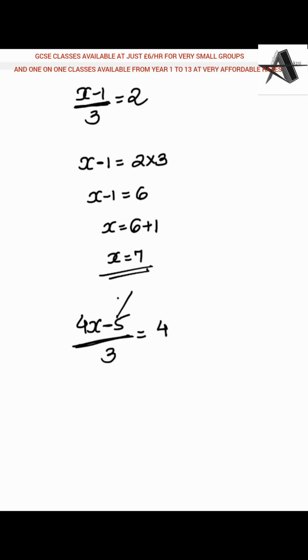You can't separate out negative 5 from this. So first and the most important thing is multiplying 3 to both the sides, or cross multiplication. So 4x minus 5 equals 4 into 3. 4x minus 5 equals 12.